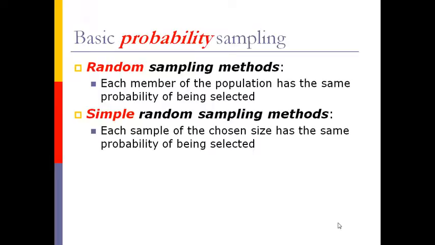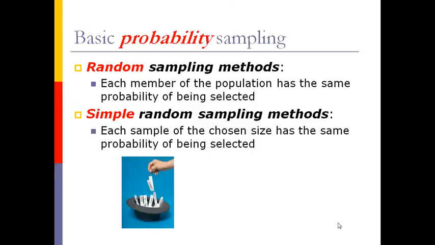So not only do we want to be able to select each person with equal probability, but also each combination of subjects with equal probability. This is a sampling method which is ideal in statistical analysis, but which in practice you're never going to find. Okay, so this is the ideal toward which we strive, but it is not the way it actually happens.